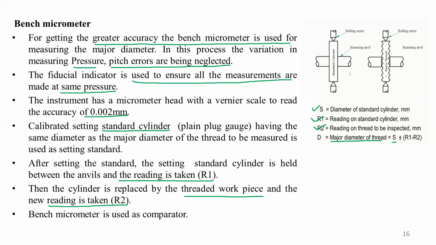So this figure shows how we can measure the screw thread major diameter using the bench micrometer. Initially we set the standard cylinder. On the standard cylinder, we take the reading as R1 and then we replace the standard cylinder by the screw thread. Again, we take the reading, that is R2.